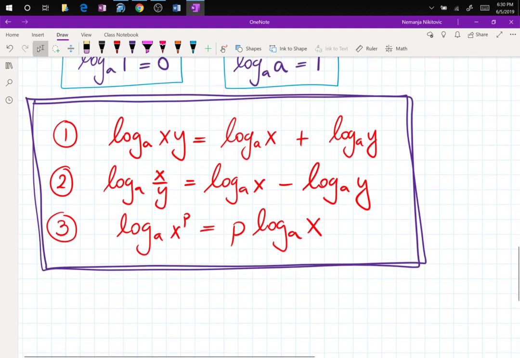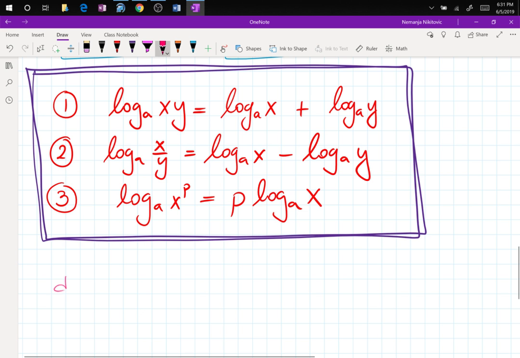So now we are interested in derivatives of logarithmic functions. And you already know the derivative, because we mentioned it earlier, the derivative of ln x. Who can remember the derivative of ln x? 1 over x. Excellent.